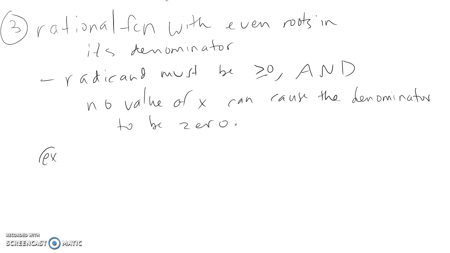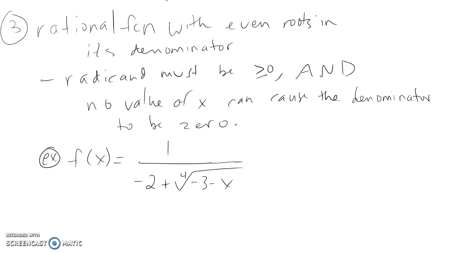Let's take a look at this example. If we take the function f of x is equal to 1 over negative 2 plus the fourth root of negative 3 minus x. We can look at these two conditions.